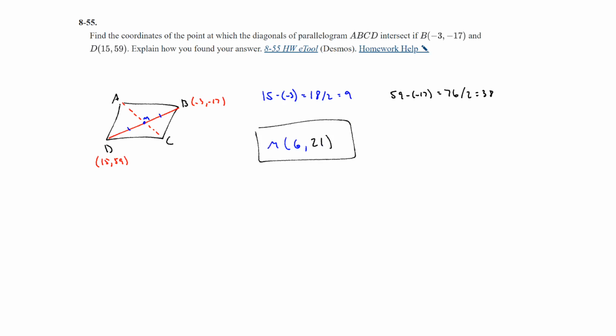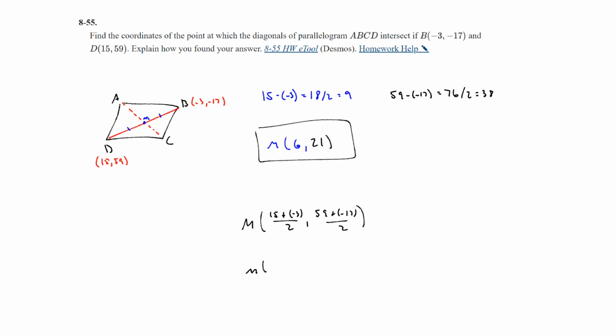The other way that you can do this is you can take your midpoint, which is the average of the x coordinates and the y coordinates. So you could take 15 plus -3 and divide that by 2, and then 59 plus -17 and divide that by 2, and that finds the midpoint right away.